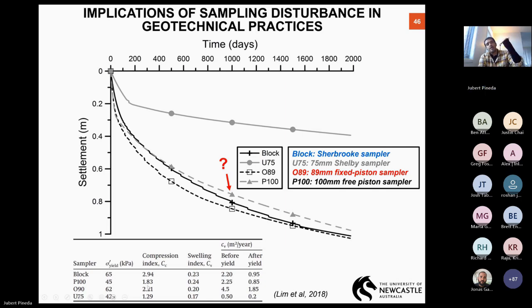So if you have very low preconsolidation stress, you are predicting very large deformations. Whereas the natural soil has a much higher preconsolidation stress, but also a very large compression index. So these two properties compensate each other. By no means good practice, but it's just a matter of luck in here. Sometimes we get the right value for wrong reasons. So this is something we also need to keep in mind.